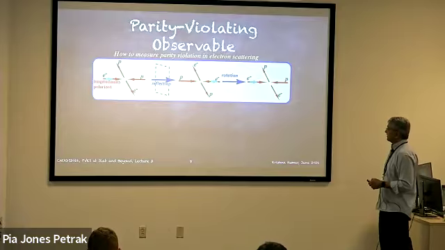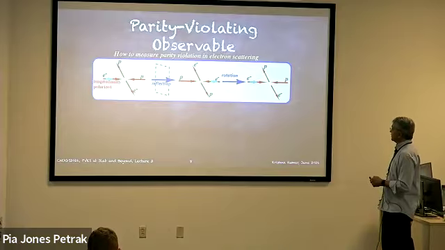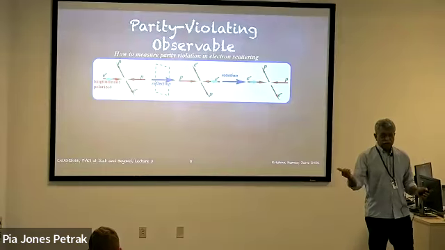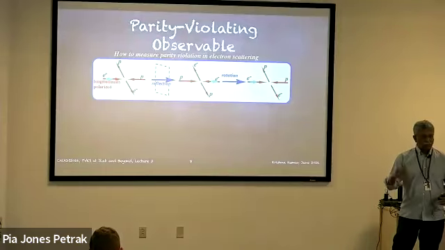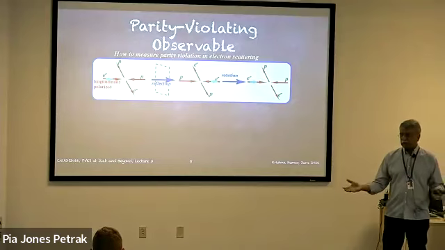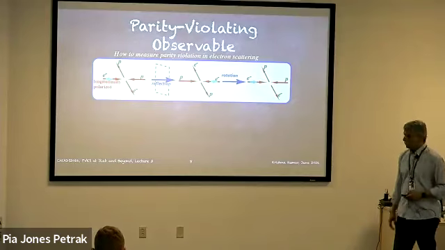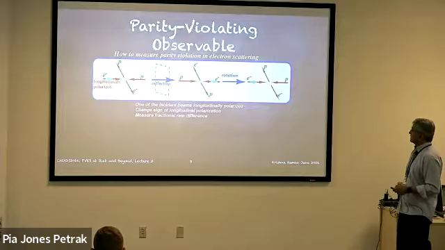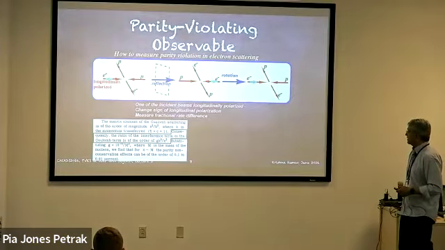So the spin will stay the same. Now I do a trivial rotation, and if you compare this to this, the only difference is I've changed the longitudinal polarization, right? So if I don't get the same answer, parity is violated. So one of the incident beams longitudinally polarized, change the sign of the longitudinal polarization, measure the fractional difference.